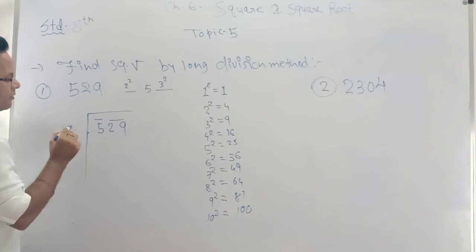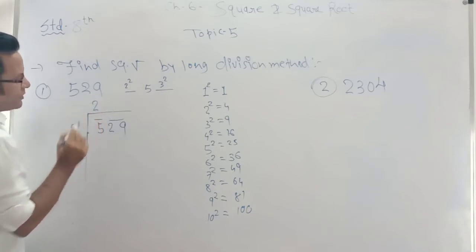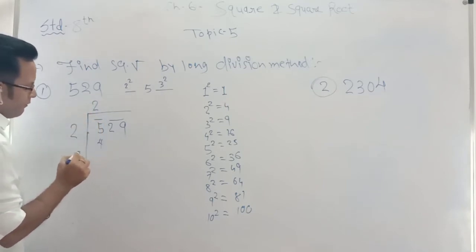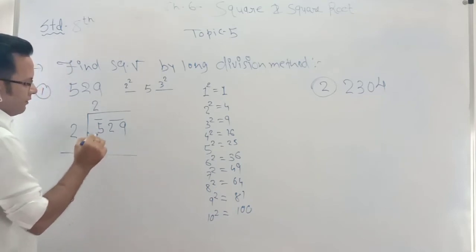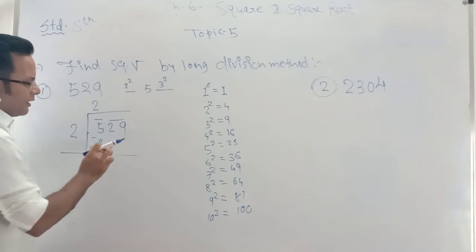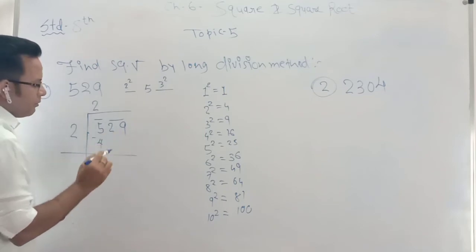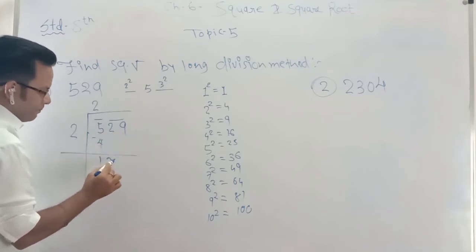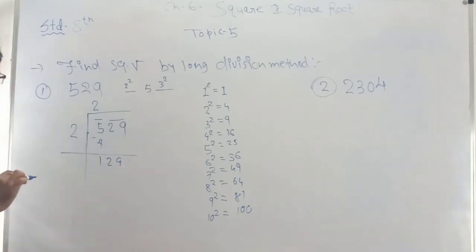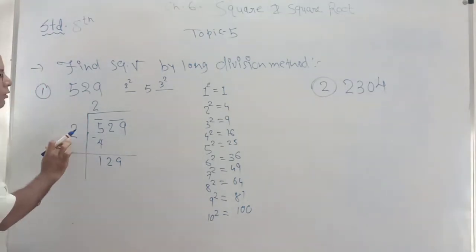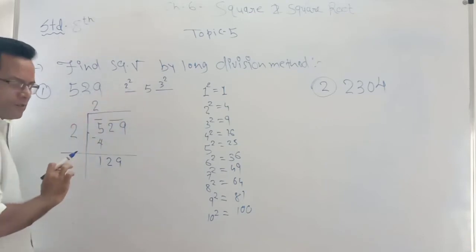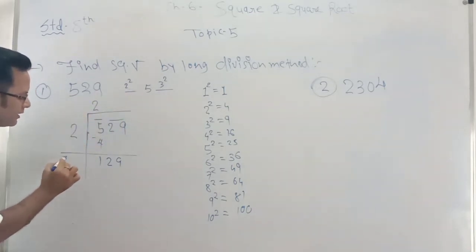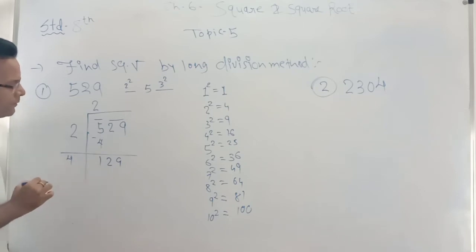So you take 2 2s are 4. 5 minus 4, 1. Now a bar is given on both numbers, so both numbers will come down. This much is clear. Now 2 plus 2, you have to make your addition because we are using 2 square. So 2 plus 2 will be 4.